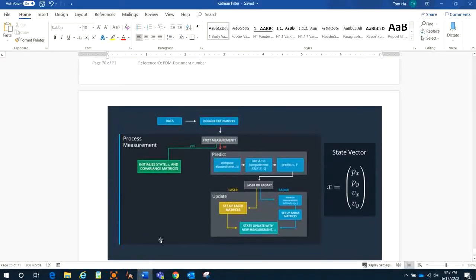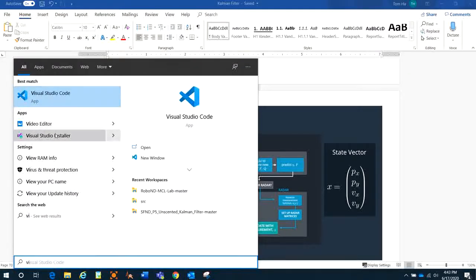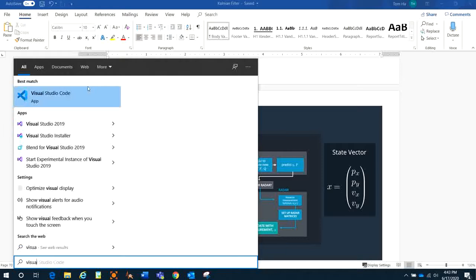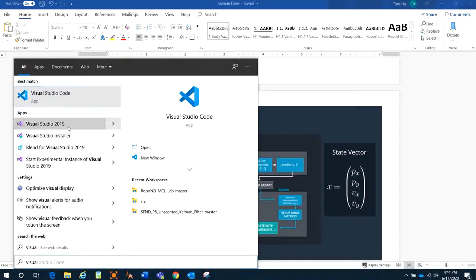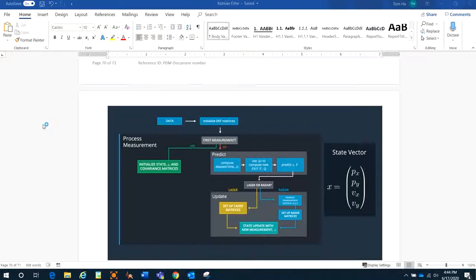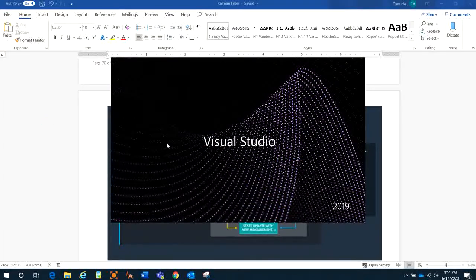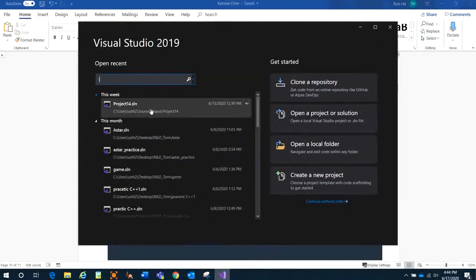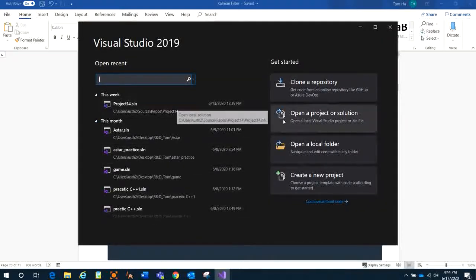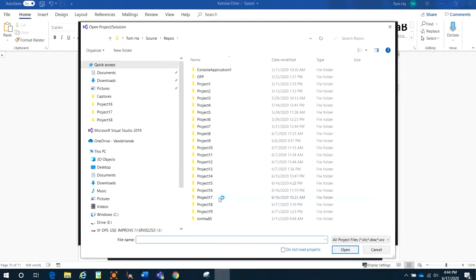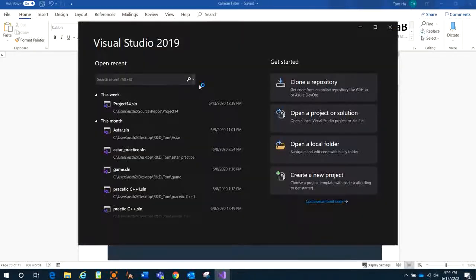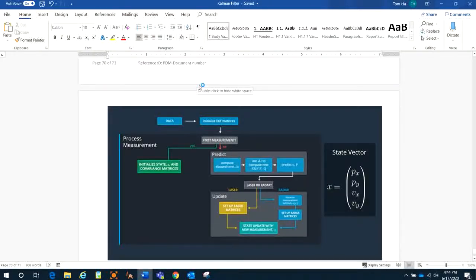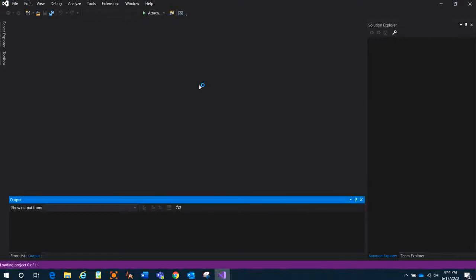So we go to Visual Studio to do some examples: how to calculate the Jacobian, the measurement matrix.